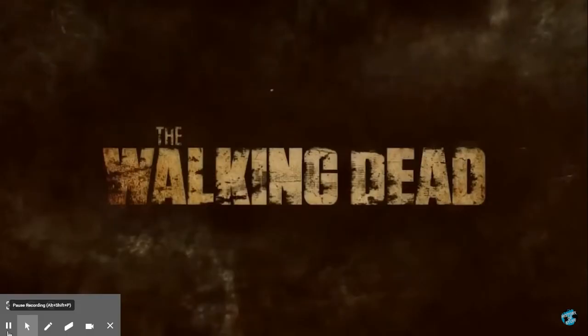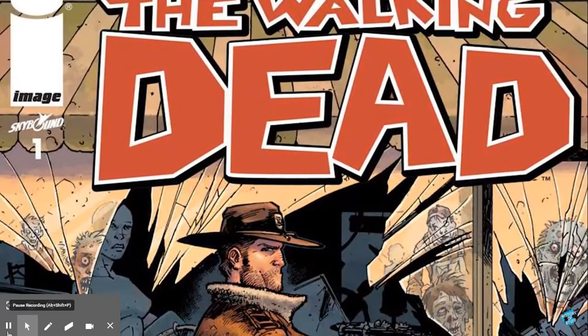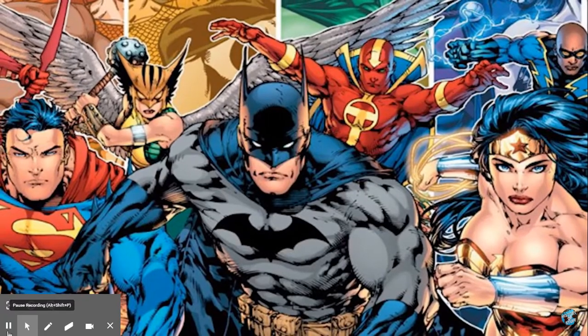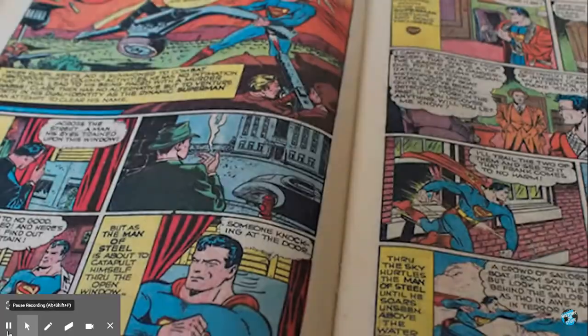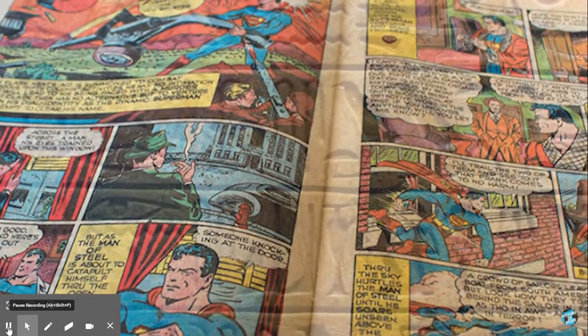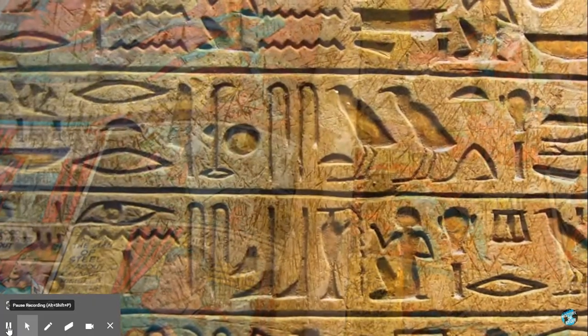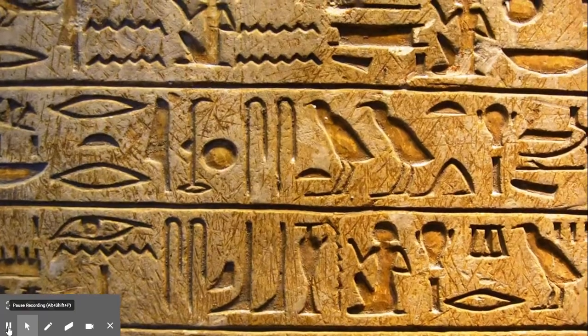Popular shows like The Walking Dead also use comic books as their source material. And so there's no question that the comic book industry entered a new high point in its history. So the next time you grab your favorite issue or graphic novel, appreciate how far comic books have come since the concept of sequential art began back in ancient Egypt.